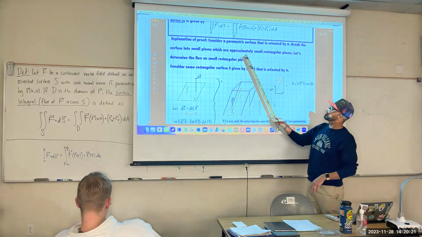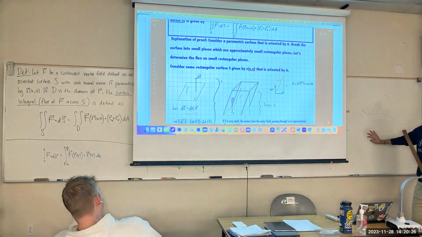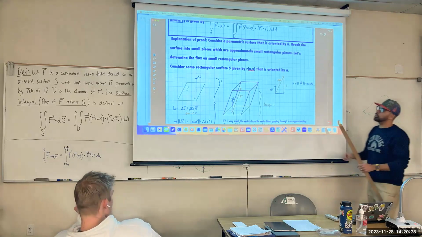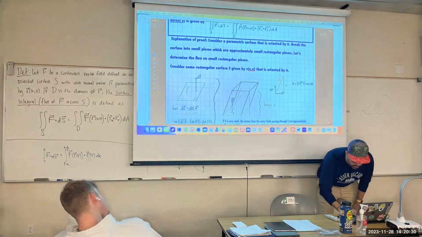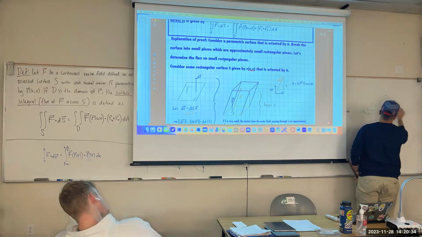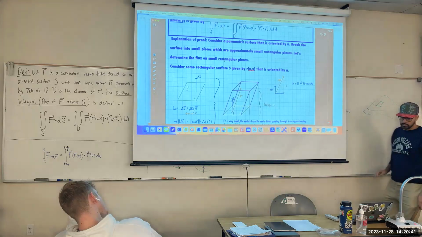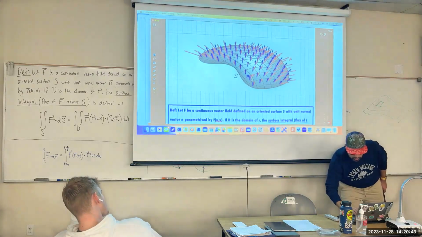Which are going to be approximately small rectangular pieces, like what we did for the surface area. And then what we're going to do is determine the flux on each of these small little rectangular pieces only. So we're going to only focus on one of these pieces. Okay? Think of it as this picture that I have here.